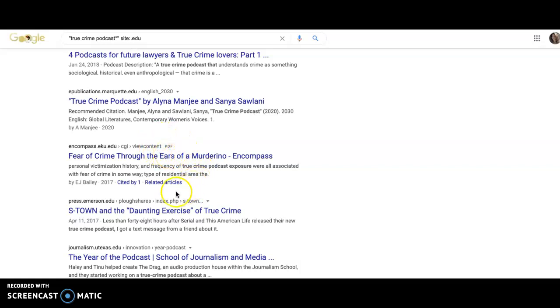You may also pick up on author attribution, a citation number, so this is indicating how many times this particular article has been cited by other researchers, and related articles as well. This is really helpful if you're in need of a scholarly article.